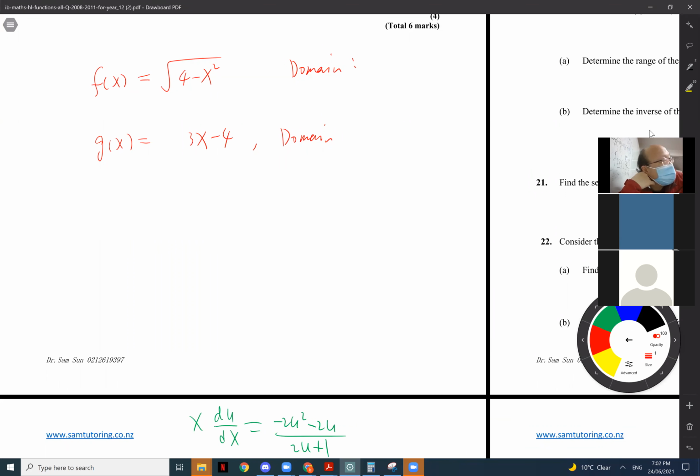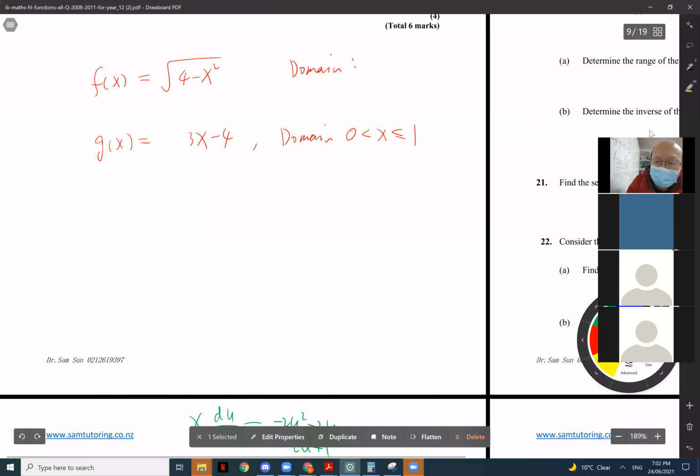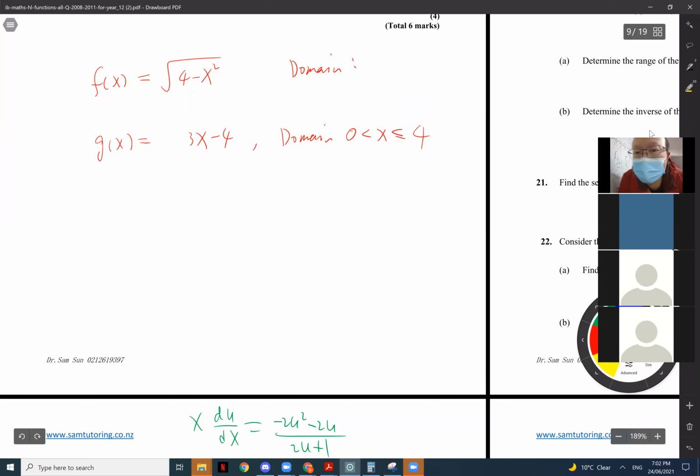For example, this domain is given: x is bigger than 0, less than 3.